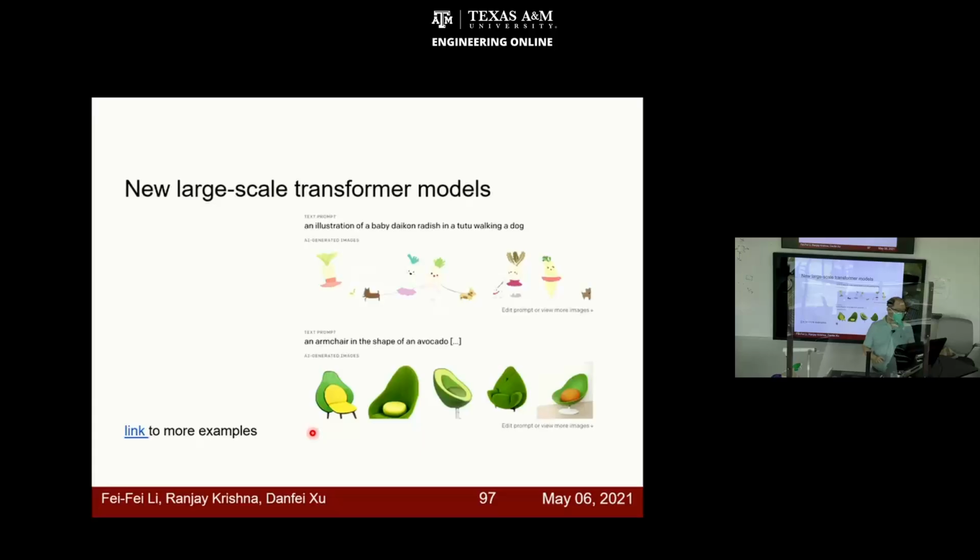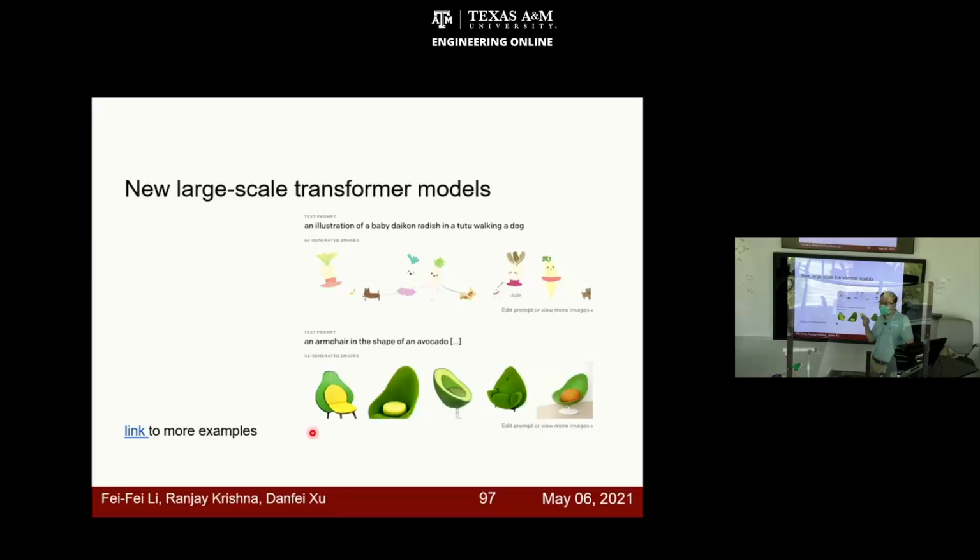And there are a lot of other things that are happening. This is from OpenAI, which produced something called DALL-E, which is basically image generation software given a text. So the input is a text and the output is an image, okay?